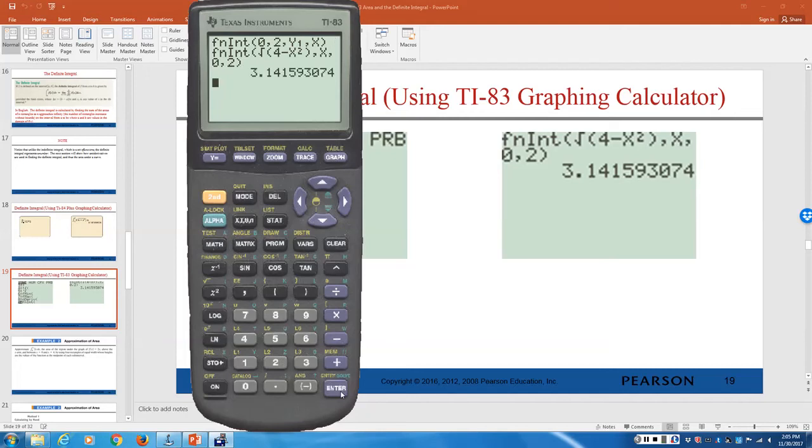And it thinks and it thinks, and it comes back and says that's 3.141593074. And you know that the value of pi, which your calculator will also show you, is really, really close to that. The difference doesn't occur until the sixth decimal place. So the difference is very, very small. Okay? But it is a numerical integral, whereas this is actually an exact number, or as exact as the calculator can show you.